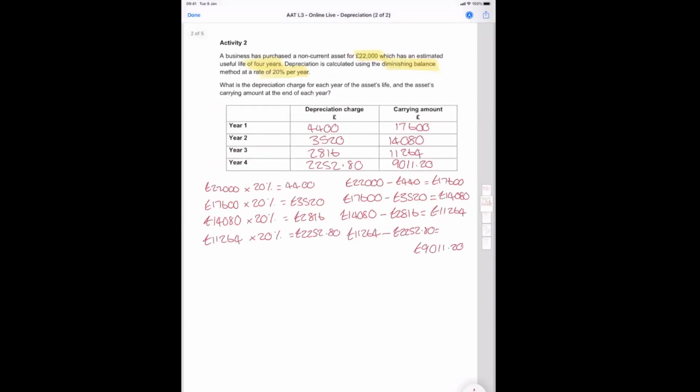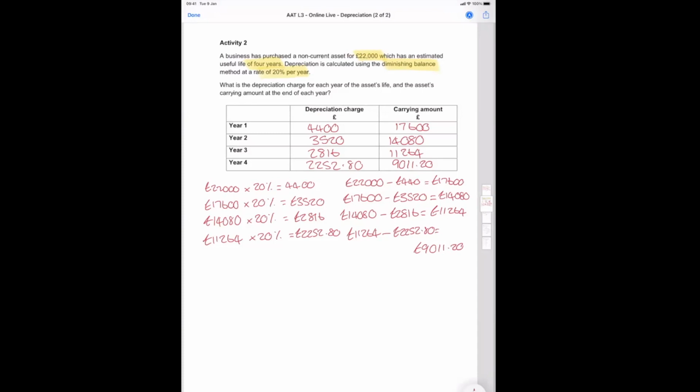Okay. So they're the two methods there. It will be down to each business's own policy as to which method they apply to each specific asset within their business. Because the reducing balance method has a higher depreciation charge in the earlier years, it will be more suited to use on assets that lose value quicker when they're newer, and slowly that decreases over time.